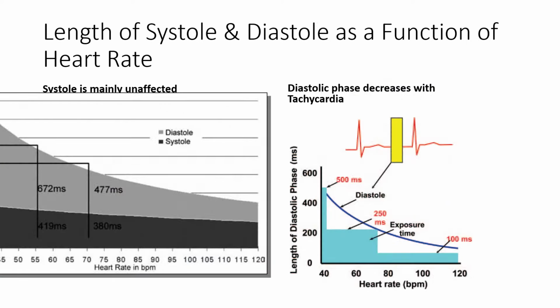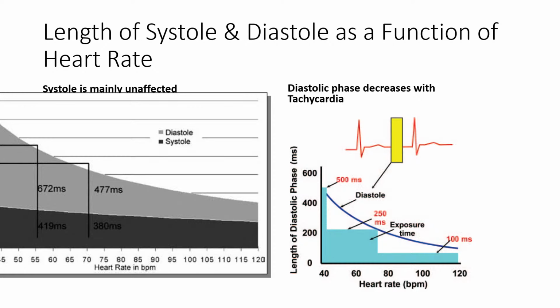And this is key: the heart rate determines the diastole. Systole is mainly unaffected. But I want you to pay attention, because here we do a lot of systolic imaging, and this is for the advanced imaging fellow.